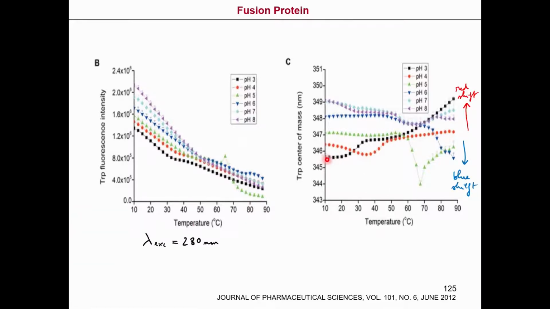When we increase the temperature, usually we observe a red shift. This is the case of the black plot at pH 3. Remember why when we increase the temperature we observe a redshift?